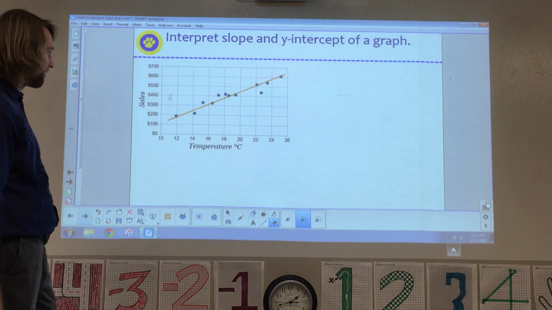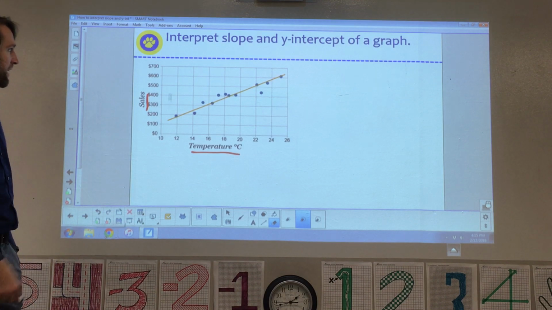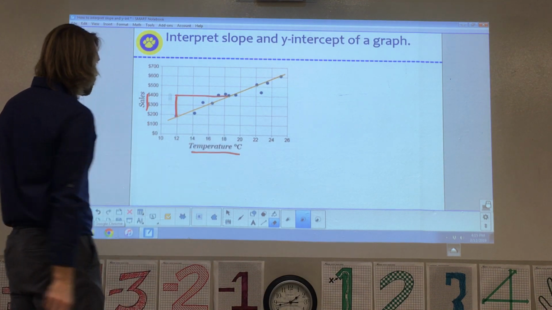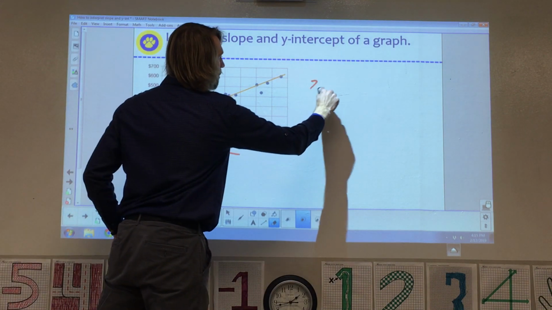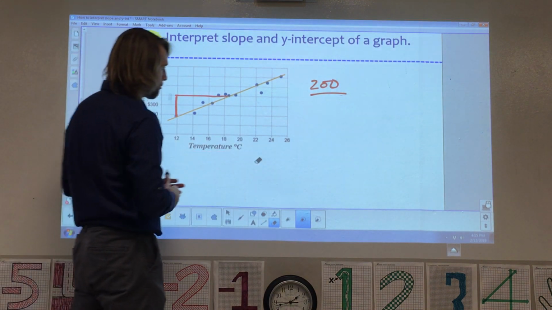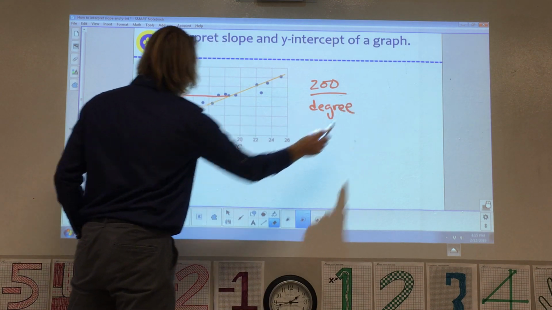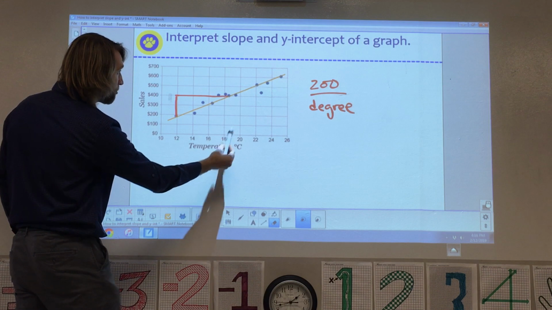For the second one, we're taking a look at temperature and sales. Again, I can approximate the slope here, just pick a few points. I can see the change in y is going up 200, we'll call it. The change in x is per degree Celsius, and that would be per 2, 4, 6.